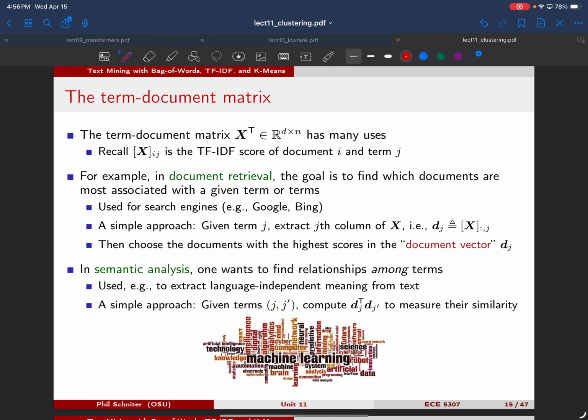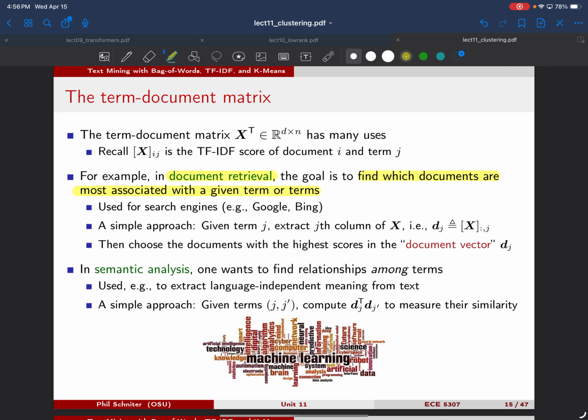So this term document matrix, you can do a lot of different things with it. One idea is document retrieval. So here the goal is to find which documents are most associated with a given term or terms. So if you think about what happens when you use a search engine, you type in some words, this is exactly what it does. It tries to find which documents are most closely associated with those words.